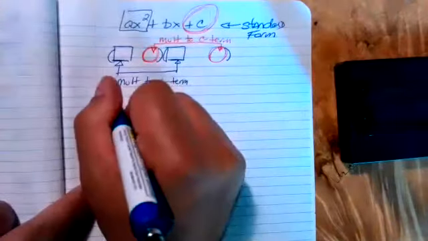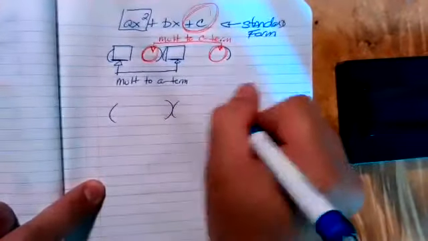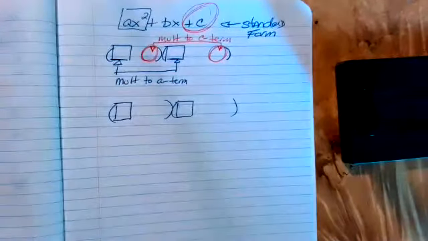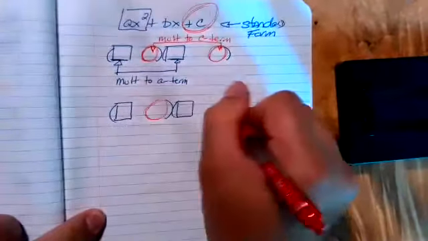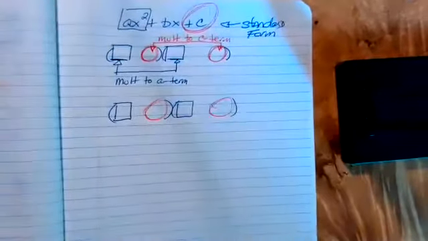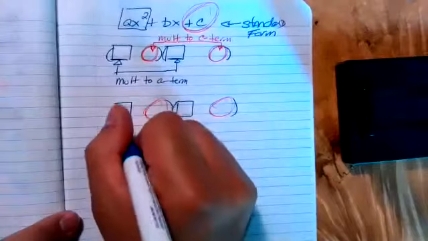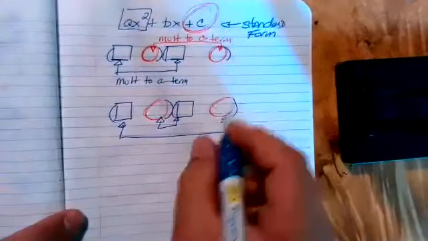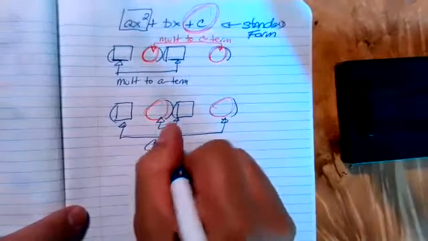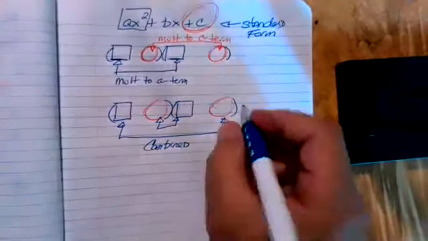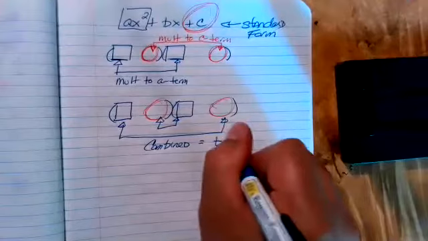And then it's the combination of your inners and your outers that have to give you your b term. So it's the multiplication of these inners and the multiplication of these outers, combined, which means added, but if the signs are different, it's subtraction, equal to the b term.